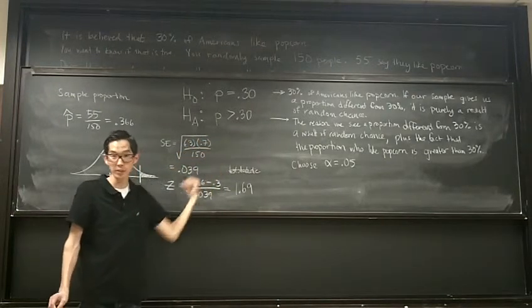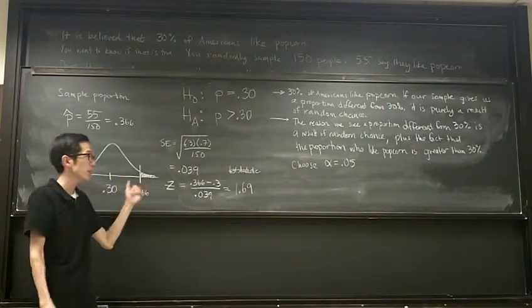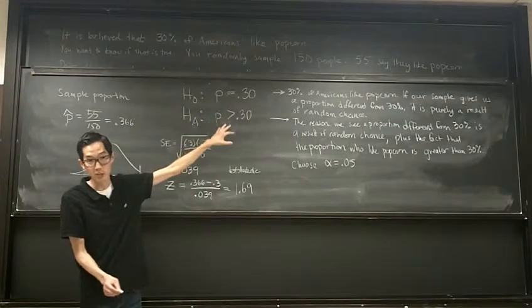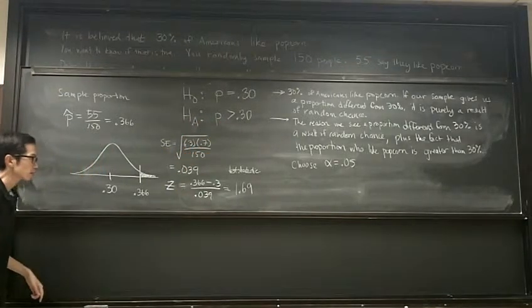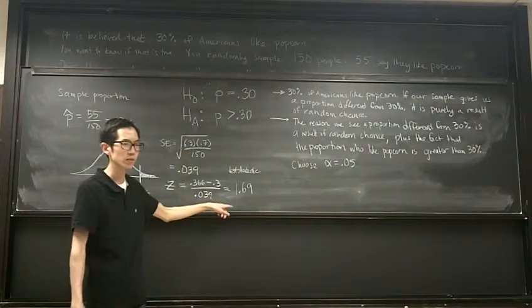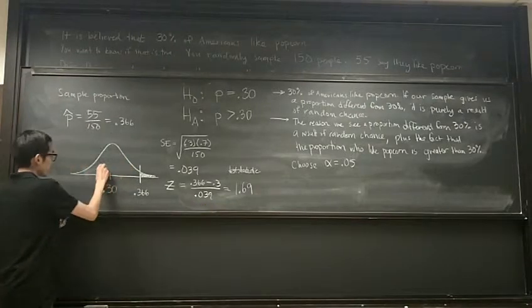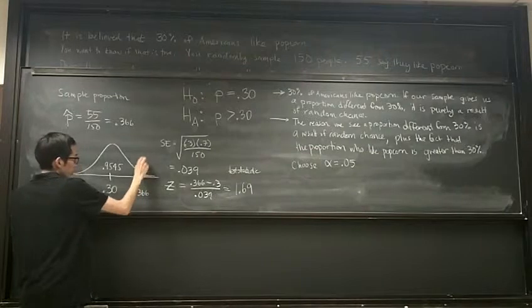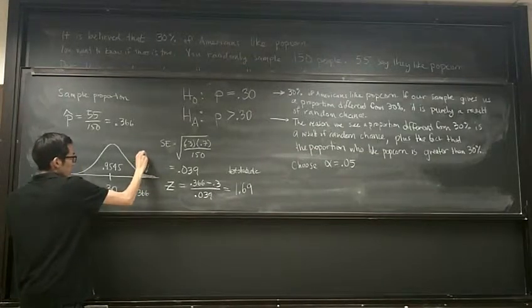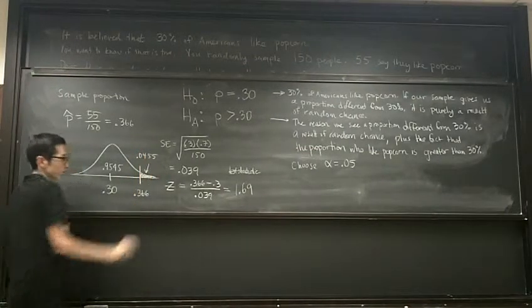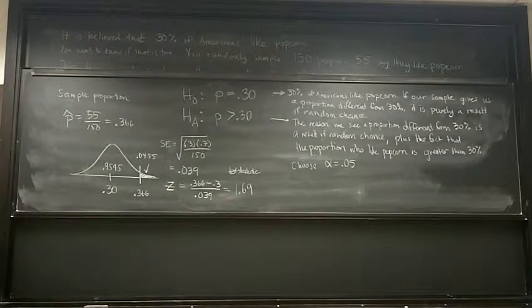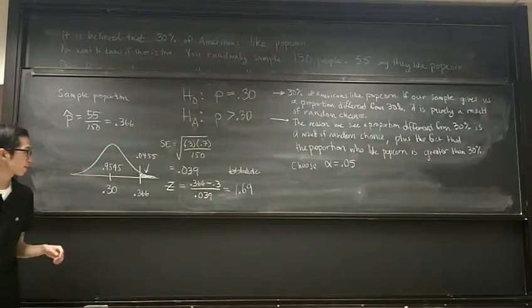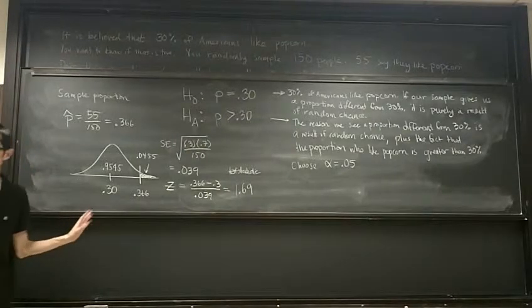If it said p less than, we'd go to the left. And then we'll talk about what happens when it's not equal to. So it's 0.9545, which means over here I have 1 minus that, so 0.0455. And that is my p-value.